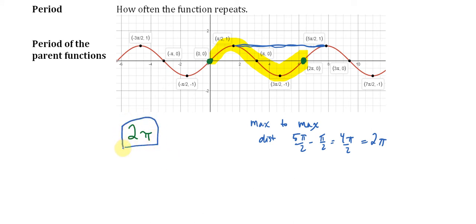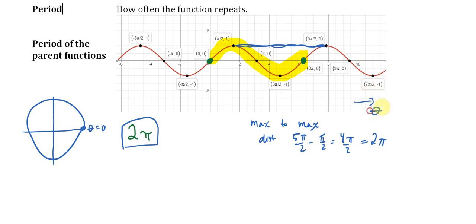The other thing you should think about is, why is it 2 pi? Well, let's think back about where this graph came from. This graph is really generated from the unit circle. We start out here at theta equals 0, and what we're graphing along the horizontal axis is theta, and along the vertical axis is the sine of theta.